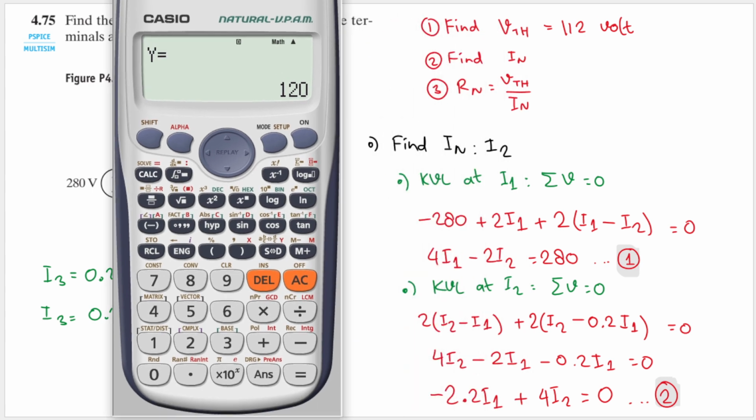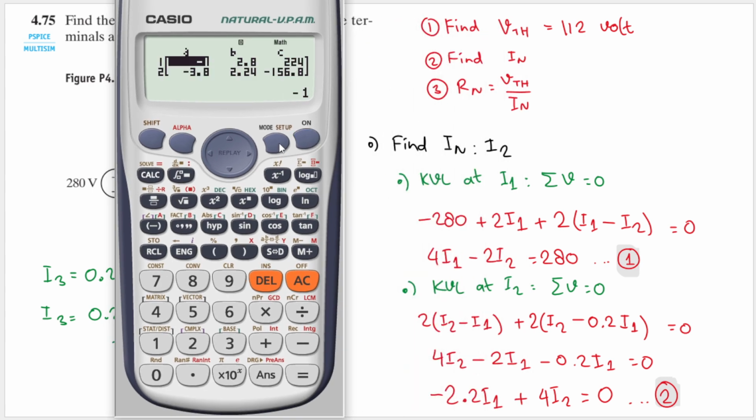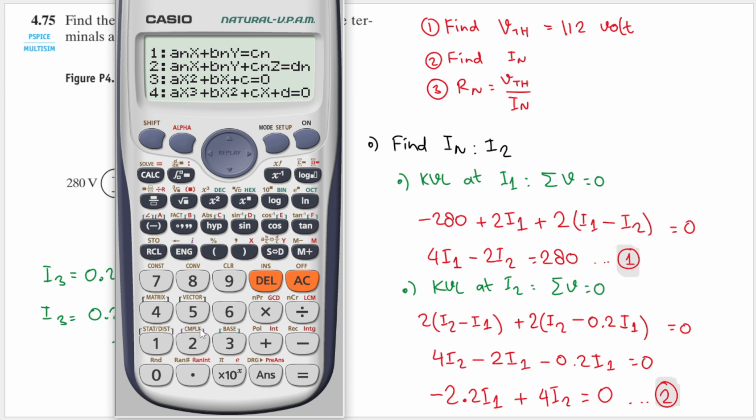Let's reset our calculator. Okay, and set it up as equation solver, which is number 5. Two variables is number 1. And let's plug this in. We will have 4, minus 2, and then 280. Okay.